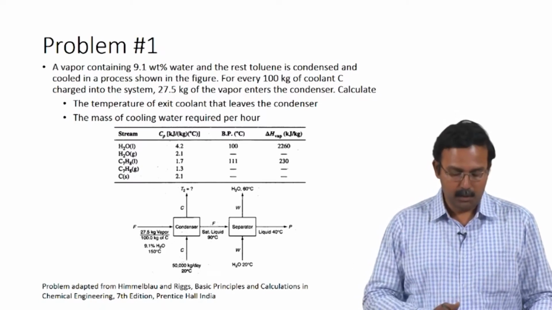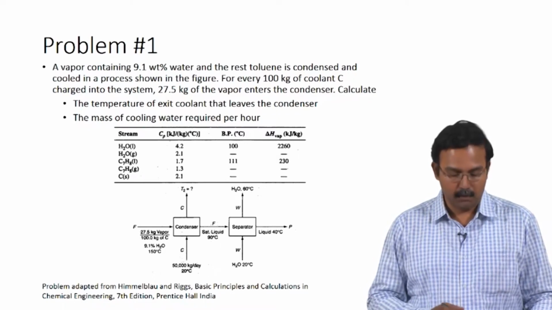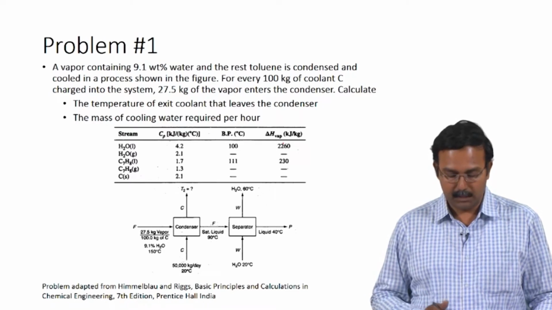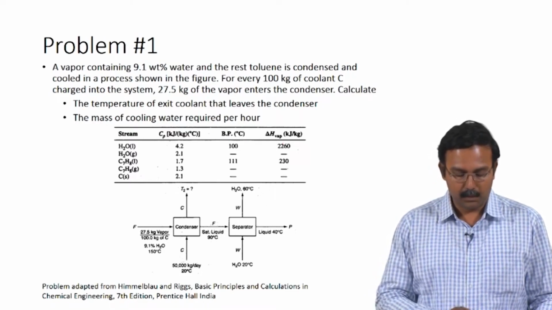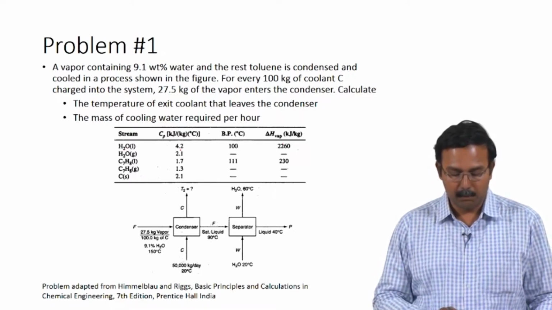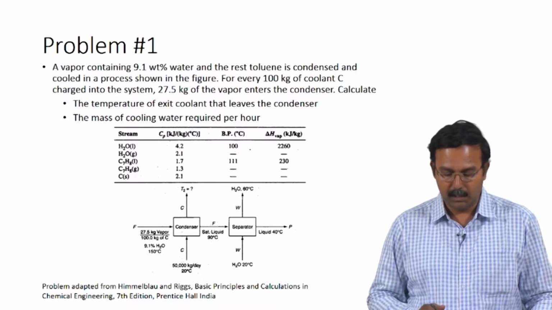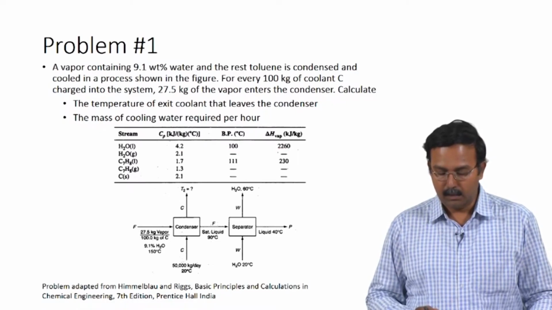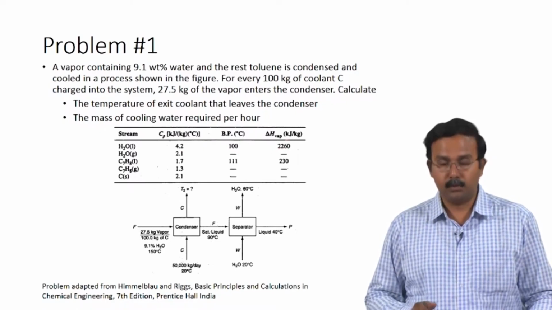So, the problem also gives us the data for Cp, boiling point and the heat of vaporization for different components. So, you have water liquid with a Cp of 4.2 and a boiling point of 100 degrees Celsius and heat of vaporization as 2260 kilojoules per kilogram.